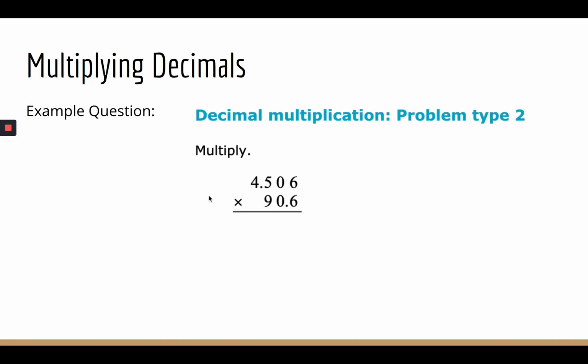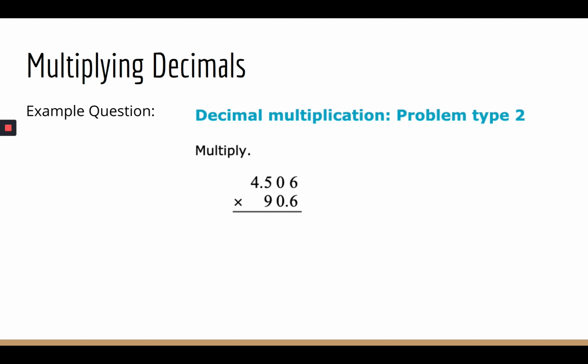You just do your multiplication problem like normal, and then you count how many numbers behind decimals in the whole problem. So I got 1, 2, 3, 4. And when I get my answer, I'm going to go 4 places from the back to the front, and that's how I'm going to place my decimals. There'll be 4 numbers behind decimals in my answer. If you want to solve this, go ahead and pause the video now.